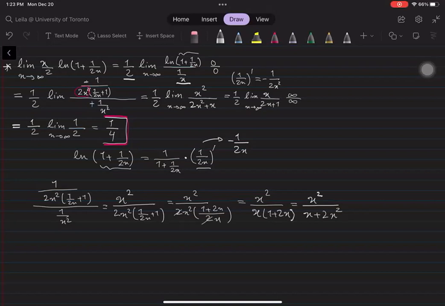You mean this? I mean, it's simplified. You can just simplify this so you get x over 1 plus 2x.